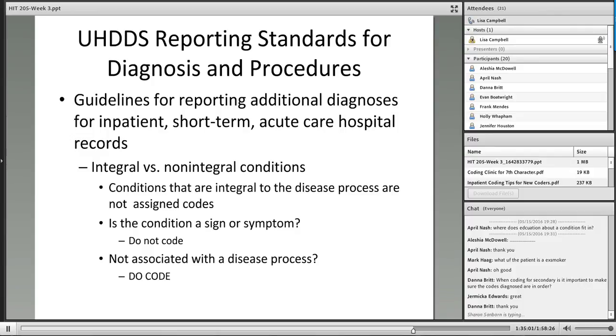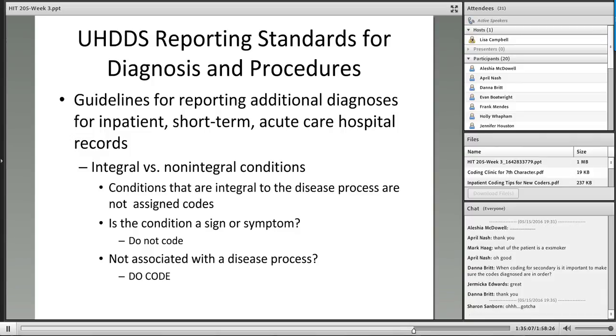If the sign or symptom is not associated with the disease process, then we do code it. So, a person has asthma and they have a rash. Guess what? The rash has nothing to do with the asthma. The patient has COPD and their toe hurts. The toe hurting has nothing to do with the COPD.